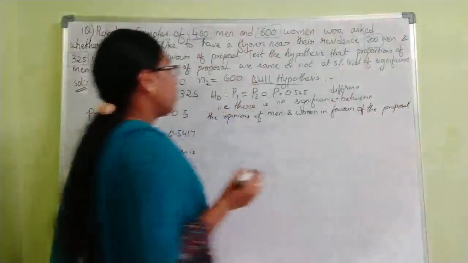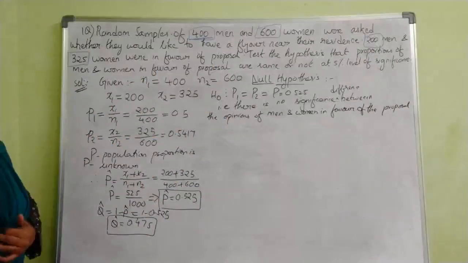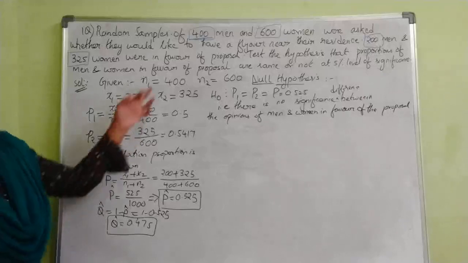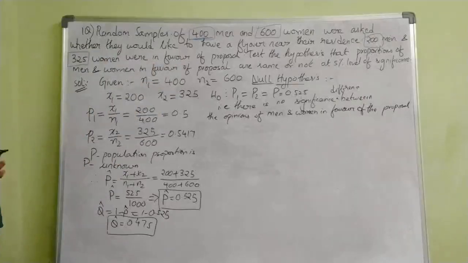So P1 equals P2 means there is no significant difference, that is, the opinions of men and women are equal. That is, the proportions of men and women in favor of the proposal are equal.